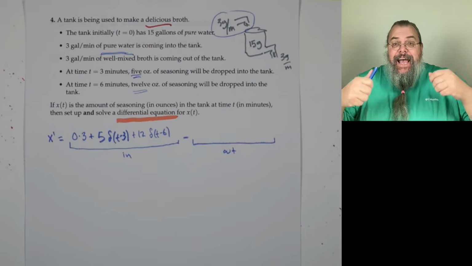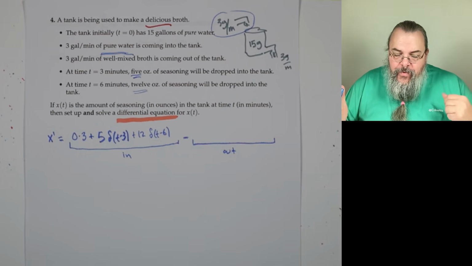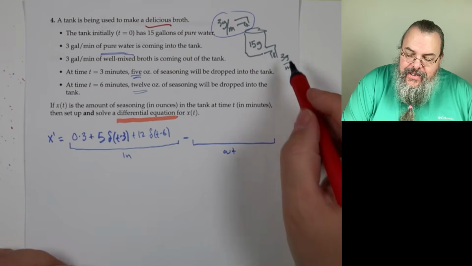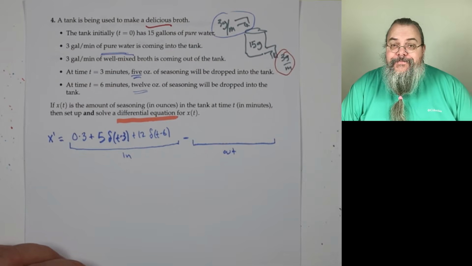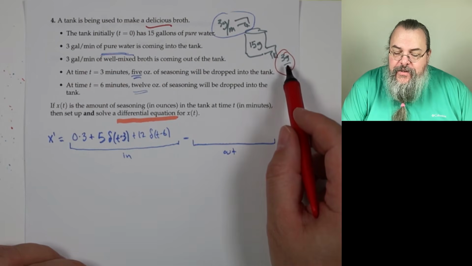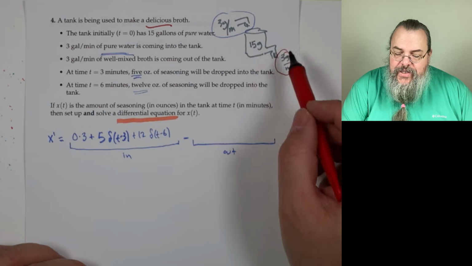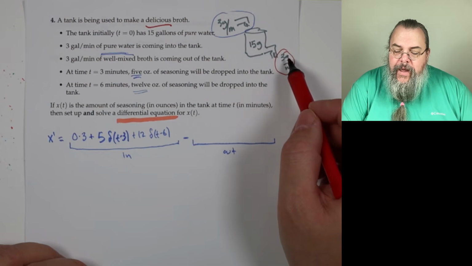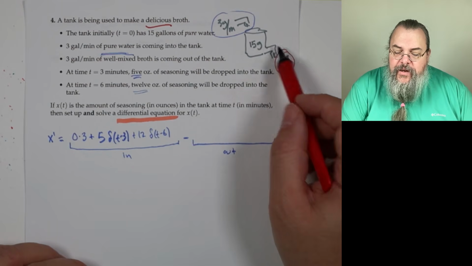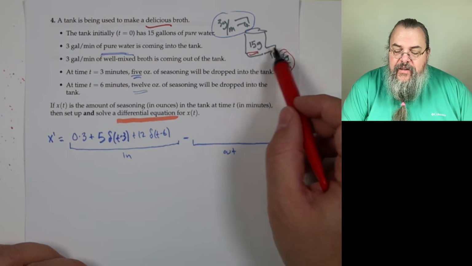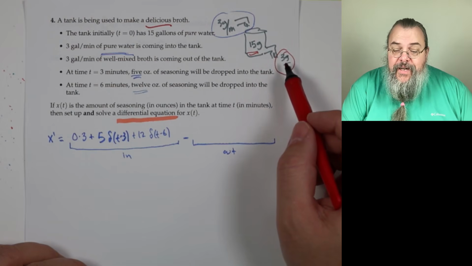What's our outflow? Okay, well, let's think. What's going out? Well, the only place things go out is over here. That's 3 gallons per minute. Now, think about the situation. It's well mixed. How much of the tank are we taking out? Well, there's 15 gallons in the tank, and we're pulling out 3 gallons every minute.